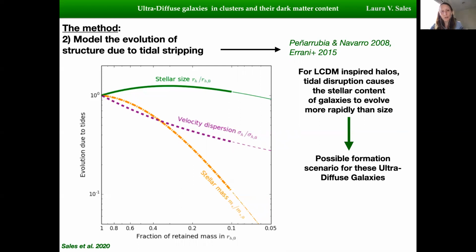the not well-defined structure. So these are coming from models like Peñarrubia, Navarro or Errani, that are N-body models, very idealized simulations, super high resolution, in which you embed your stellar system into an NFW halo. And now what you can study is, as a function of how much fraction of mass has been stripped, you can now predict how the size evolves, or how the velocity dispersion, or how the stellar mass of that object evolves.